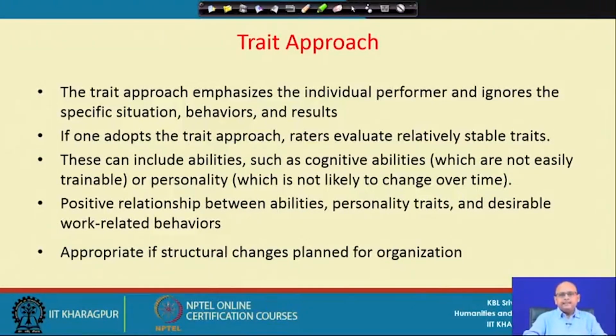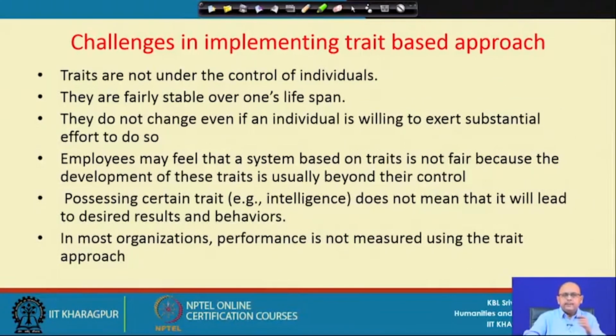So, the idea here is that when we are talking about the trait approach, to ensure that these traits contribute, the only problem with the trait approach is that it is not measured in the organization, right, because it is not directly related to the performance. These traits are not under the control of the individuals, because it could be related to supervisors, could be related to the environment, or all kinds of things.